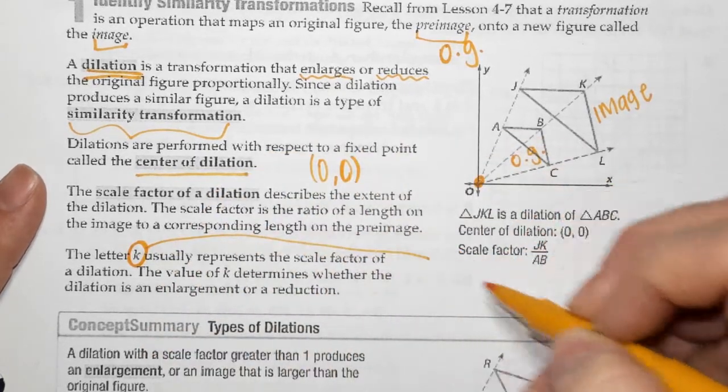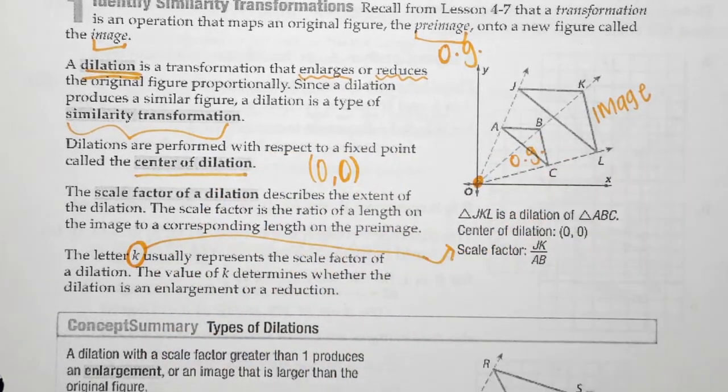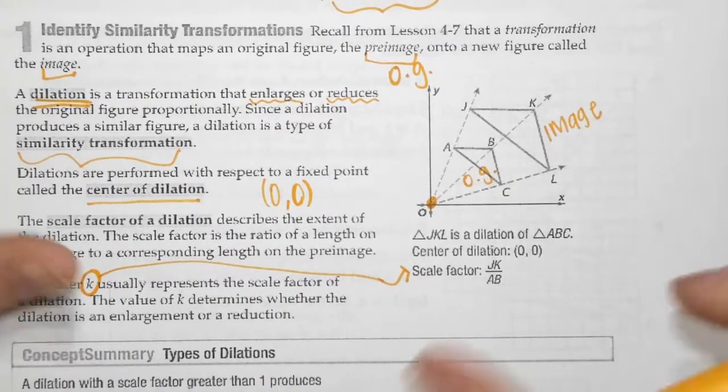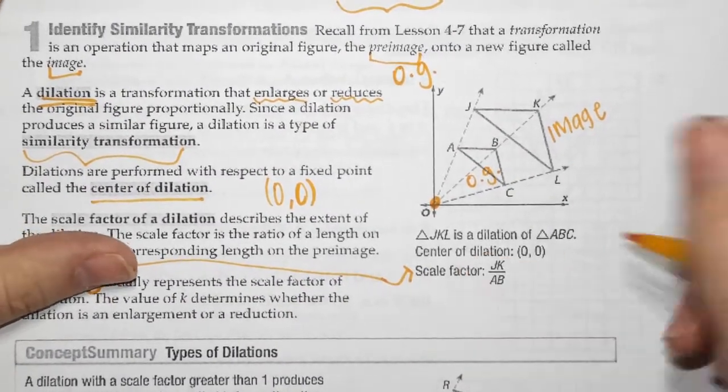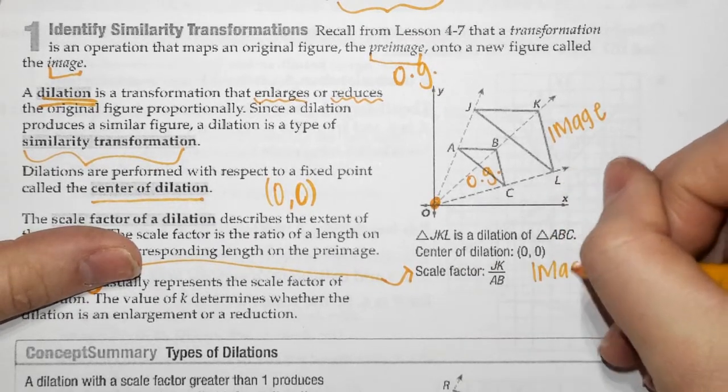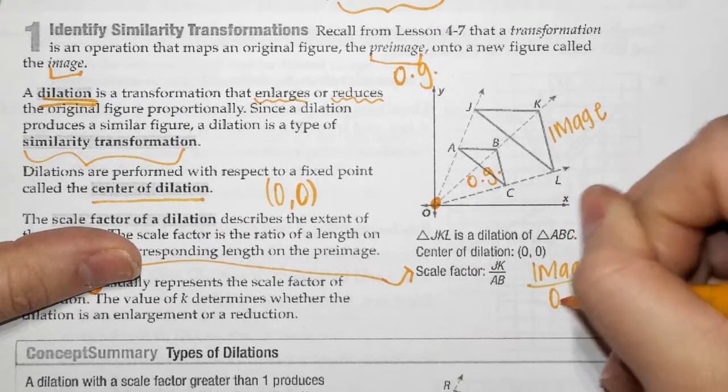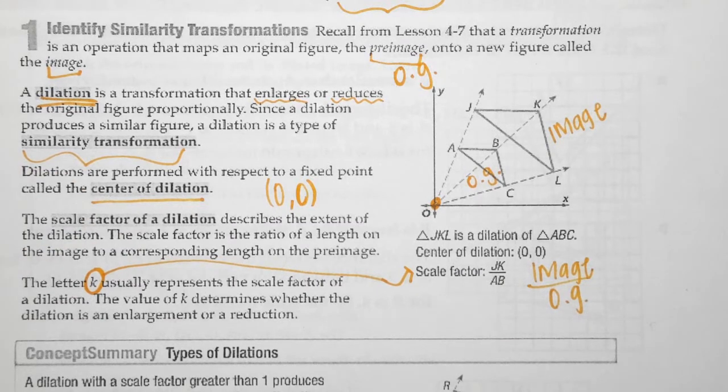Okay? So, K is your scale factor. Now, when you're taking the scale factor, it's going to be backwards than what you think. It's going to be the image over the original. So what it becomes goes first, and then the original goes on the bottom. And you only have to have one ratio.